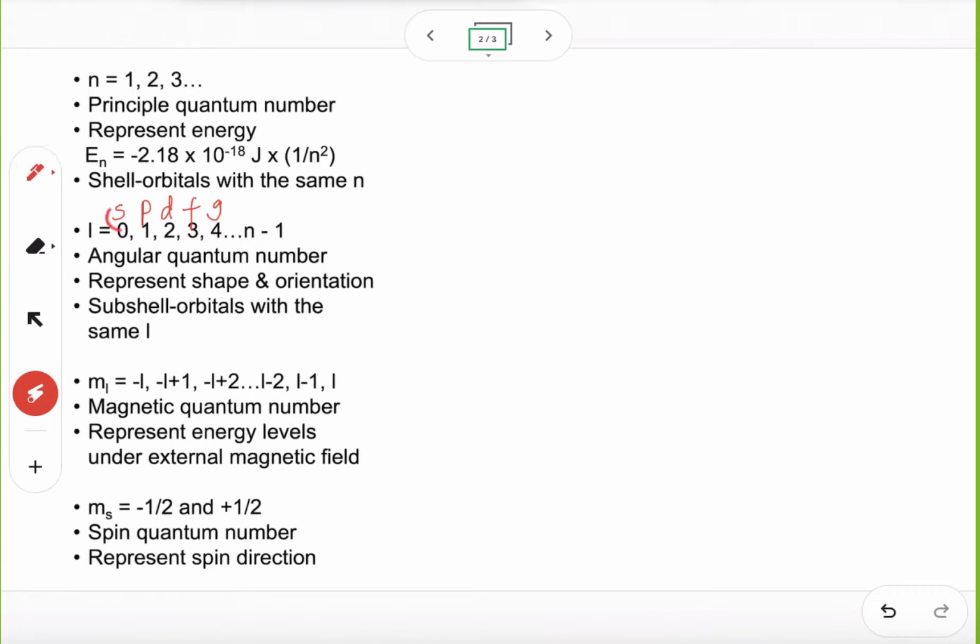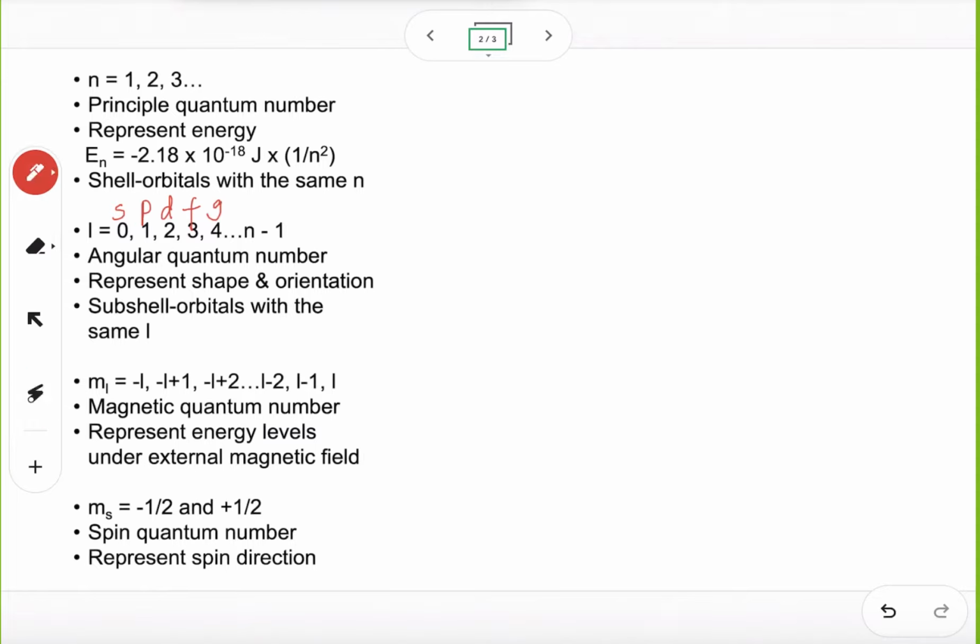S represents sharp, P represents principal, D represents diffuse, and F represents fundamental. But these words do not have any particular meaning for those L values, so we don't need to pay too much attention to them. What we need to know is just the specific letters for each L value.